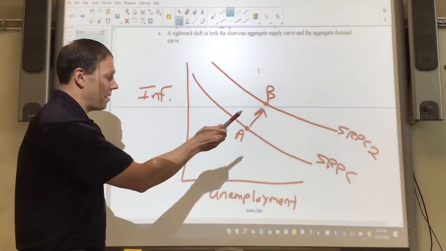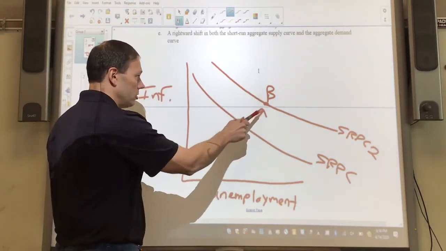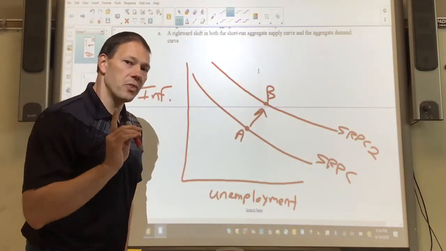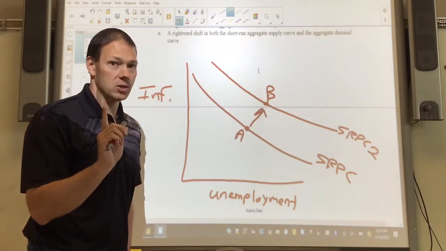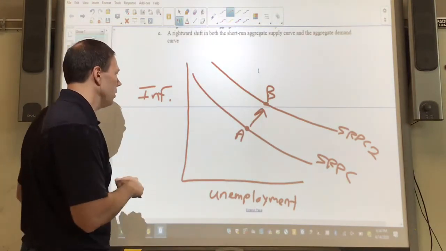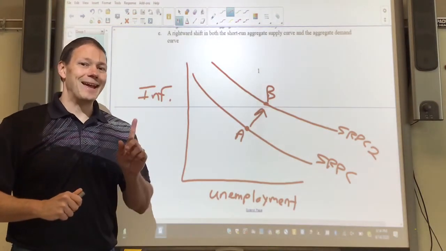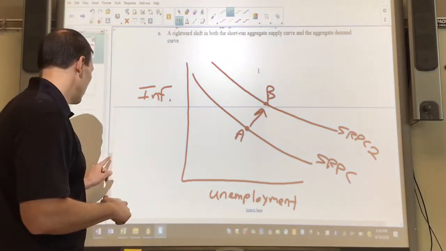Okay, now notice what happens here from point A to point B. Okay, inflation goes up and unemployment goes up. Well, there's one thing that causes inflation to go up and unemployment to go up at the same time. By the way, that's called stagflation, which we'll see in just a moment. One thing that causes that to happen: a decrease in the SRAS, a decrease in the short-run aggregate supply curve.